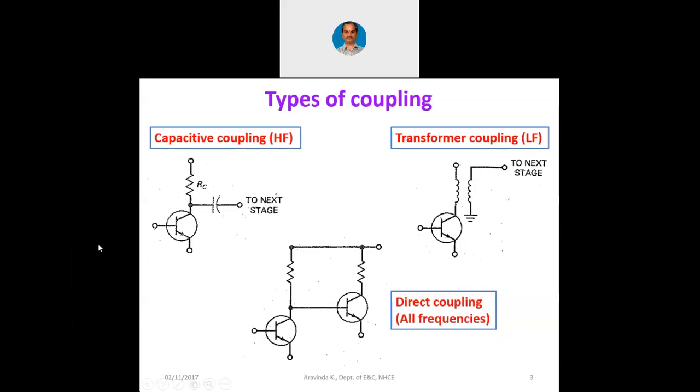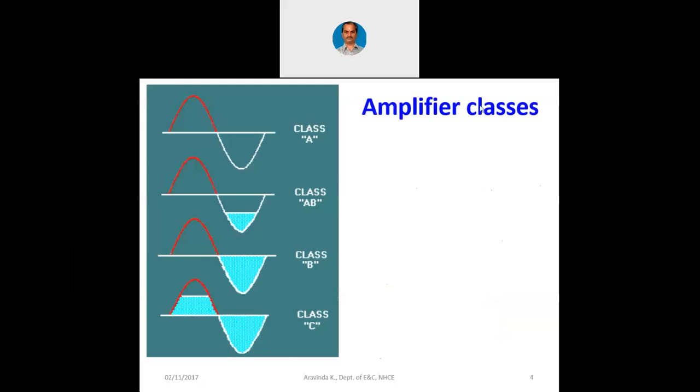Now we will discuss one more method of classification by means of which the amplifiers can be classified. It is called class A, class AB, class B and class C. You can see in the first case, the positive cycle as well as the negative cycle both are intact.